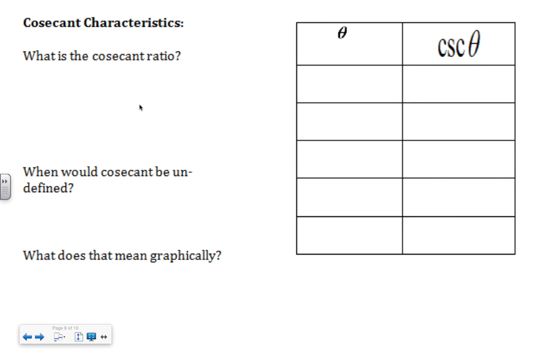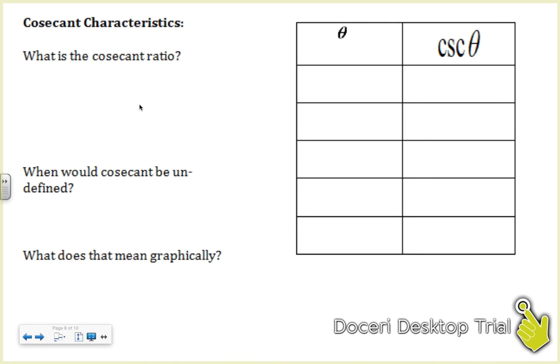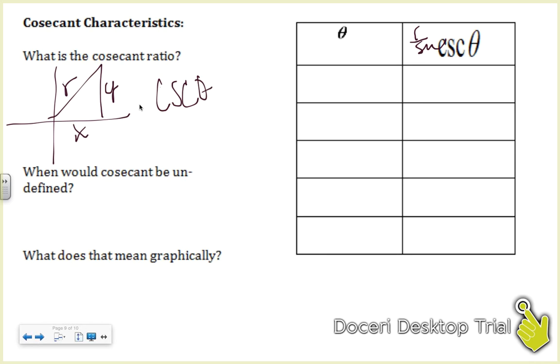Okay, cosecant is going to be the same concept, only it's now sine. So 1 over sine, so that means you're going to be 1 over your y value. Cosecant theta would be equal to r over y, which is 1 over y.